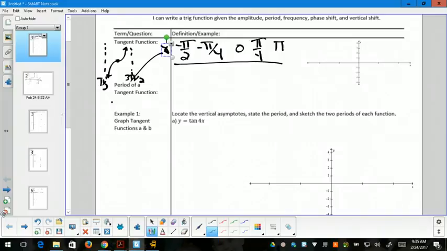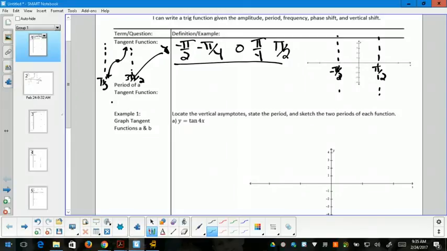Yeah, I forgot positive pi over 2, thank you. That's what this is supposed to be, positive pi over 2, not pi. So those are our asymptotes, and those are the values in between. If this is negative pi over 2, and this is pi over 2, we know that positive pi over 4 gives tangent 1.